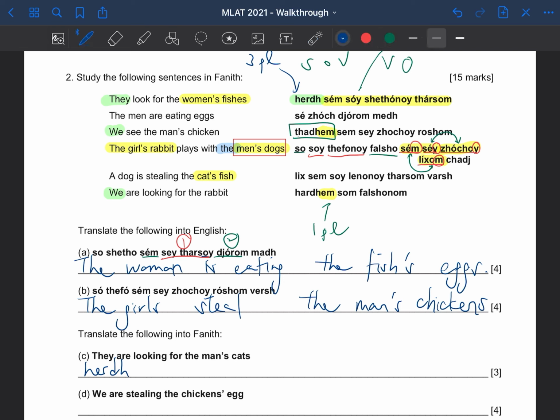But this time it is the object, the possession. So it should be in the accusative case, which is som lenonon. And it is plural, so we have the accent. And the man's would be the man's, so it would be say choi.